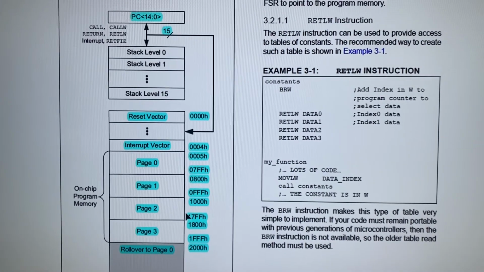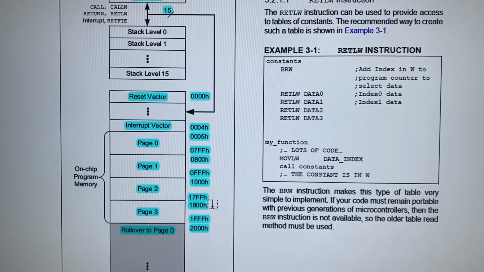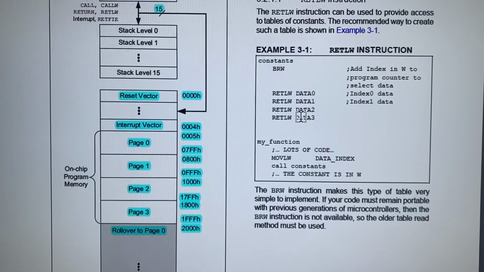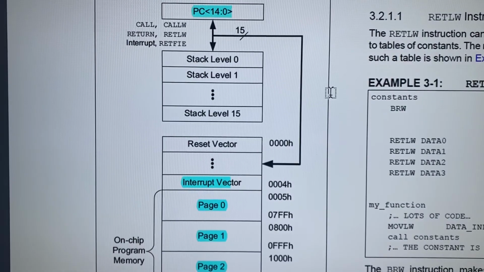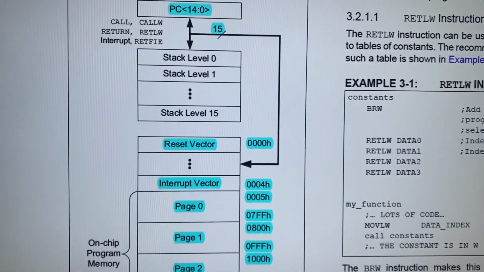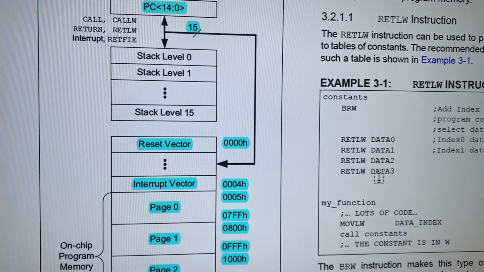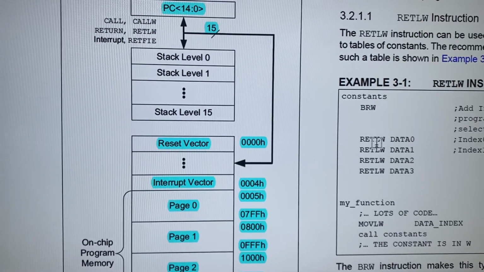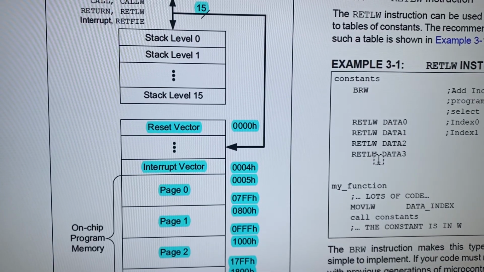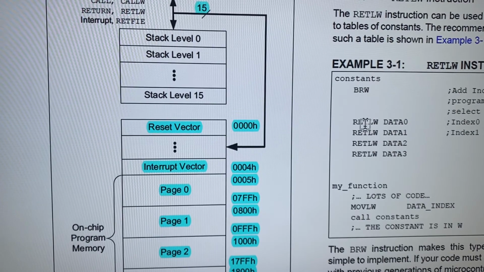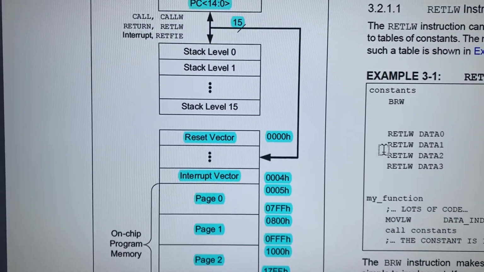Before we see instructions, I need to show you here that when you are using the RETLW instruction, these instructions are used to add an index, so you can branch W and you can jump to any one of these locations, and then you return and load data. So load the accumulator with this data.